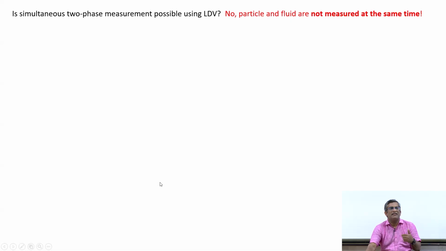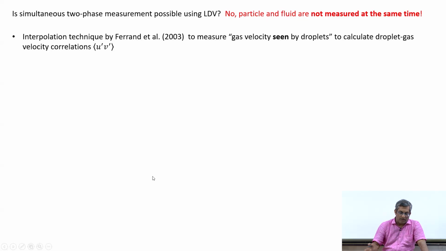Again, because it is a single particle counter technique. You measure only one particle in your probe volume, which can be either a tracer particle or an inertial particle, but you cannot measure them both.